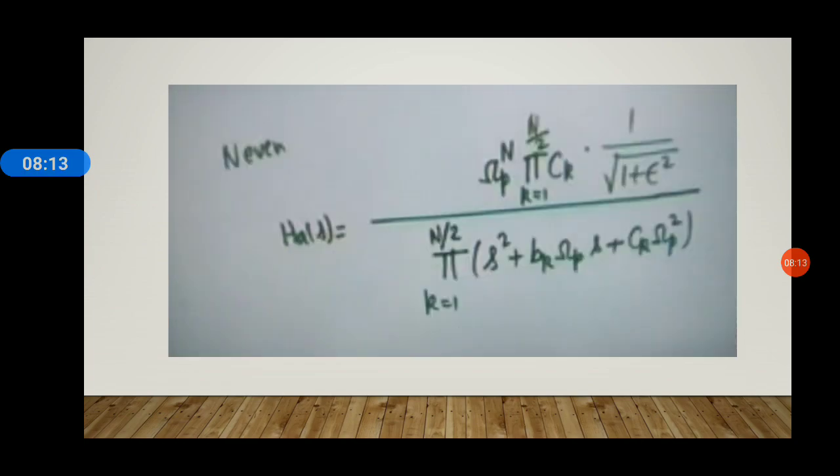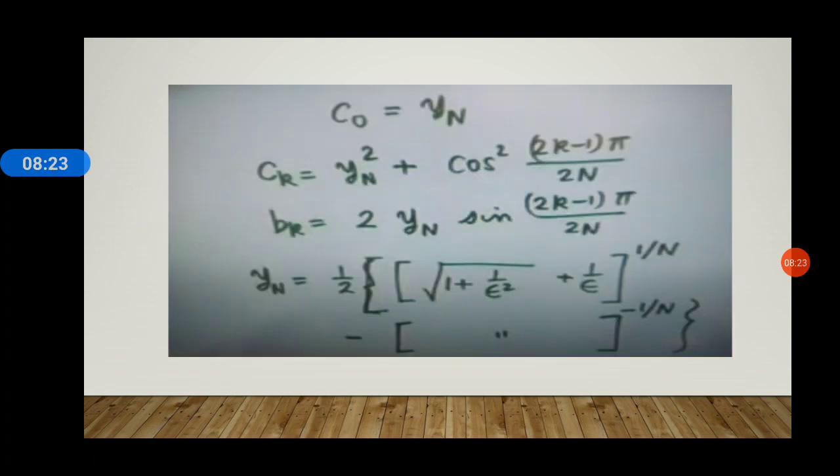And for even n, the formula of HAS is this, which you have to memorize while you solve any problem. Now BK and CK are mentioned herein. C0 is termed as Yn, CK is this, BK is this, where Yn is this. These formulas or equations are to be memorized and used when you solve your problem.